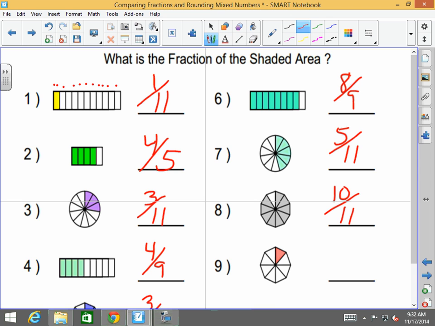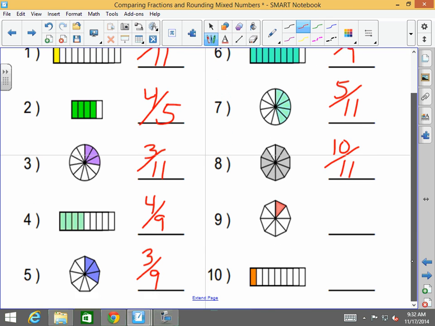Very good. And last but not least, number 9. 1 out of 8. 1/8. Very good. And last but not least, 1/9, or 1 out of 9. Very excellent, gentlemen.